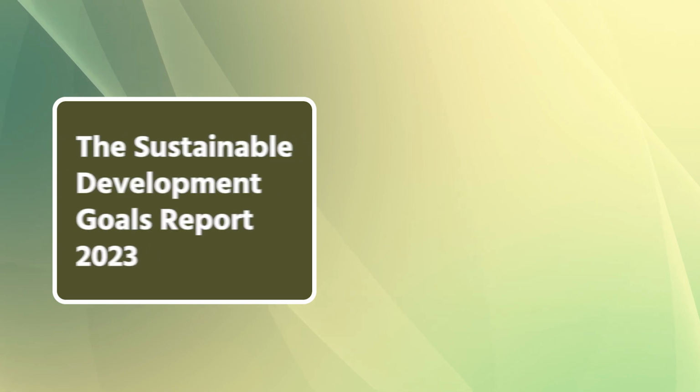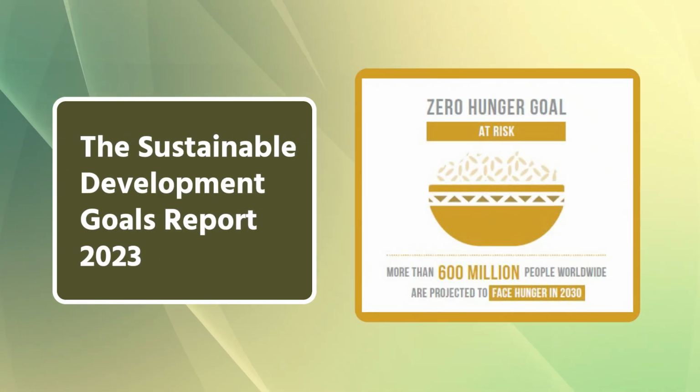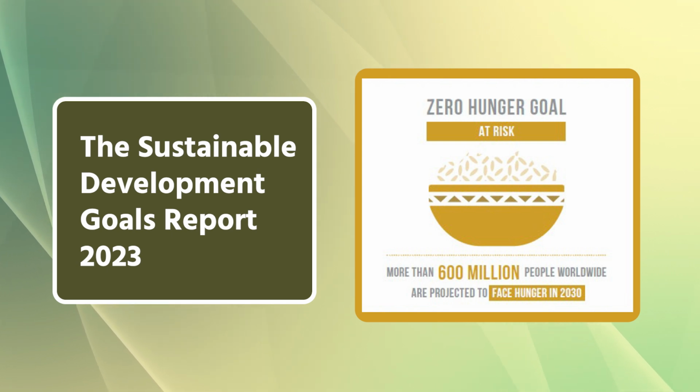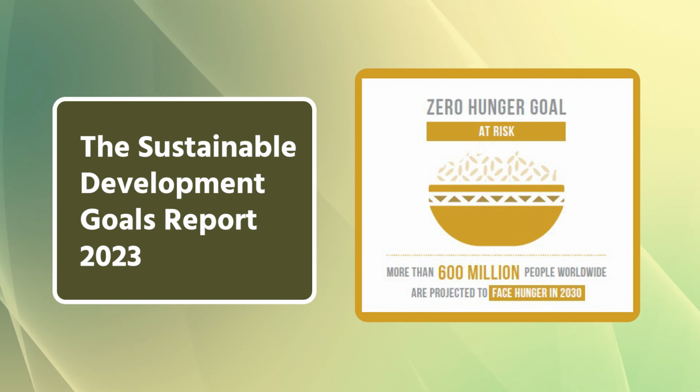So despite many factors and many efforts, achieving the zero hunger goal is still at risk. We need to work a lot and implement effective policy programs. Still, more than 600 million people worldwide are projected to be affected by 2030.